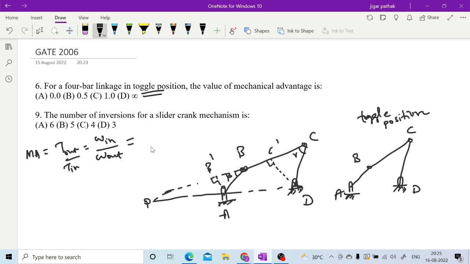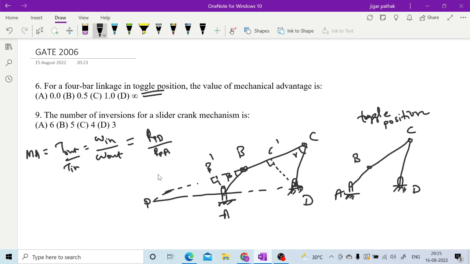From that you can have omega is equal to v by r, or we can have that omega is the distance into theta. So based on that, this r_PD upon r_PA, this from instantaneous center method, I guess they have taken.